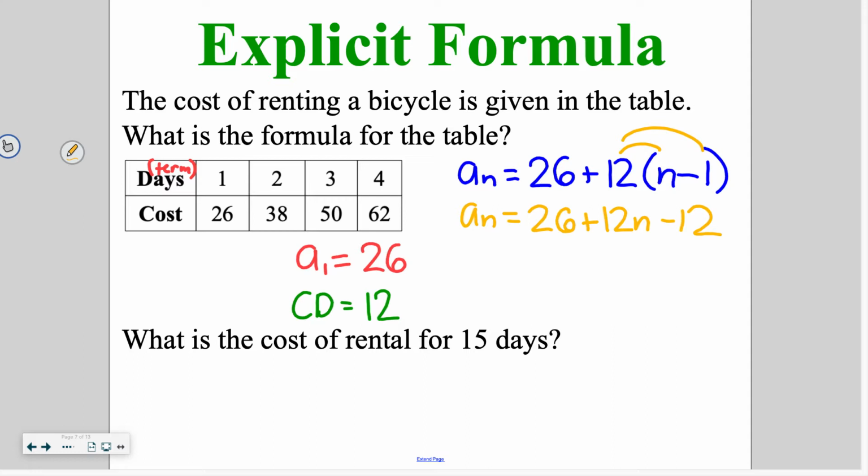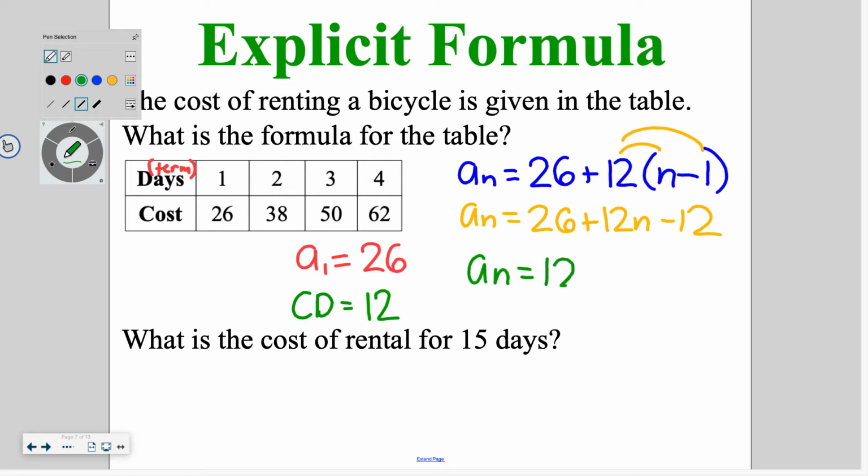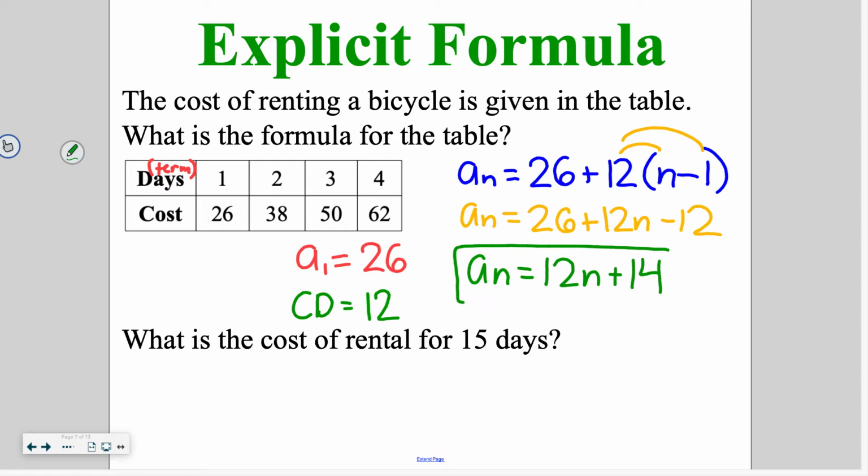Since 26 and minus 12 are both numbers, we can put those together, and that is going to give us that a_n is equal to 12n, plus 26 minus 12, which is 14. So our formula for this equation is a_n, any term, is equal to 12n plus 14.